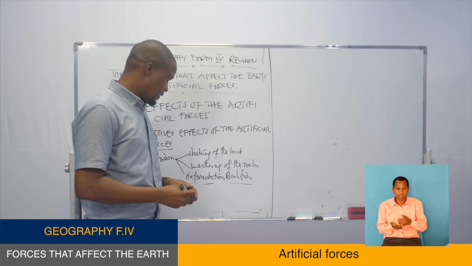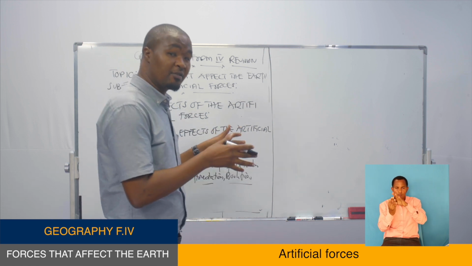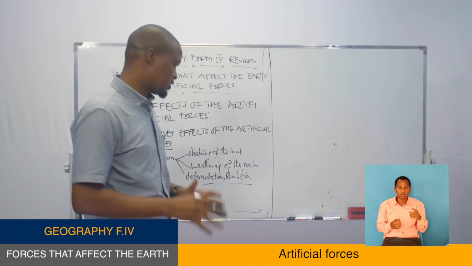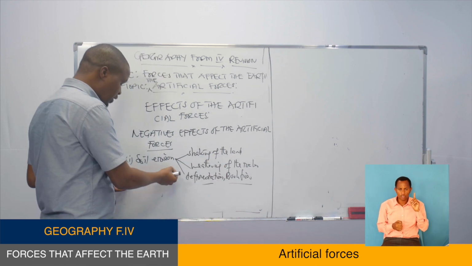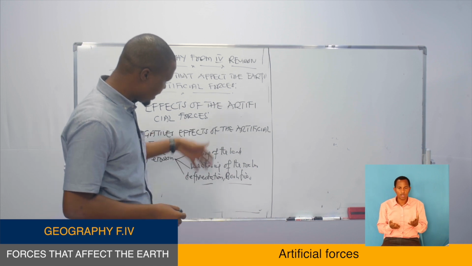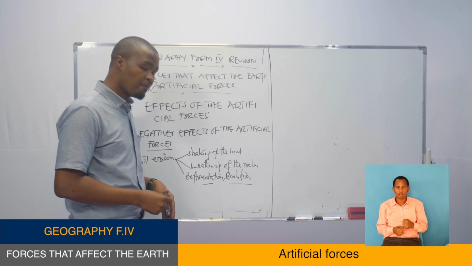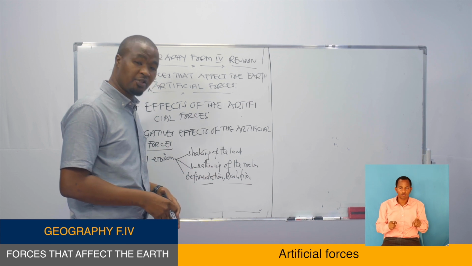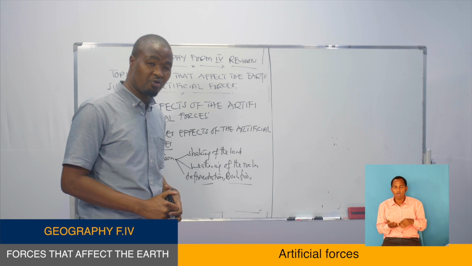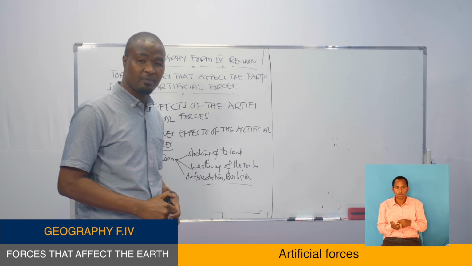So the artificial forces, as we have seen earlier, can influence the occurrence of soil erosion through different methods, as I've mentioned here: shaking of the land, weathering of the rocks, for instance during bombing explosion, deforestation, bushfires, etc.